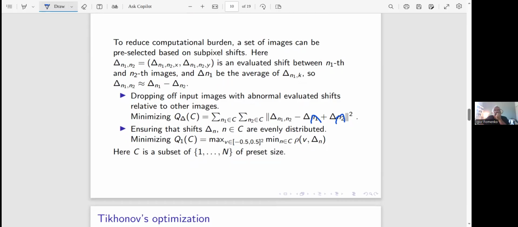Sergey, what is evenly distributed delta n? Why do you need it? What is this assumption physically? I don't understand. Well, perhaps I should have made more pictures.